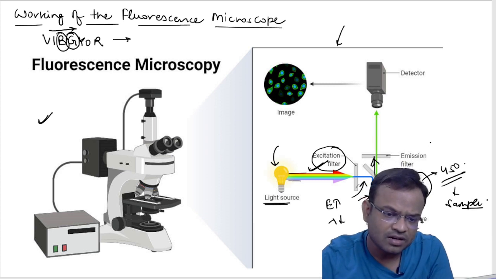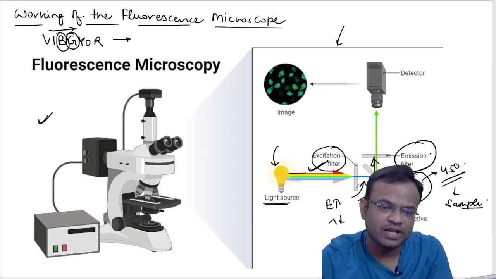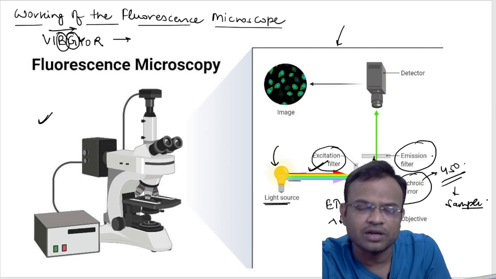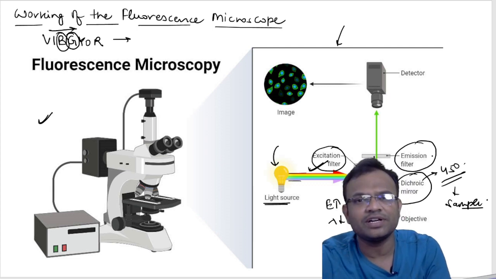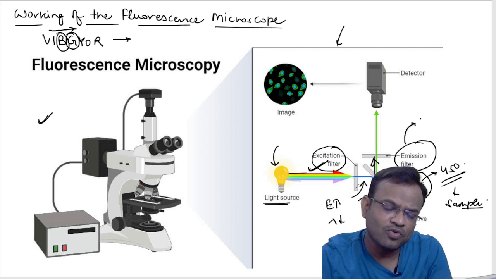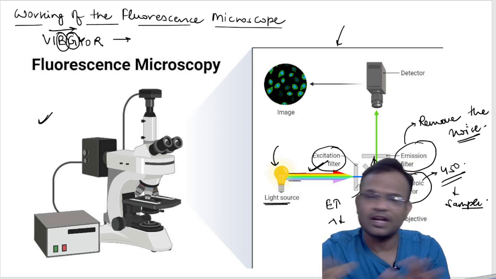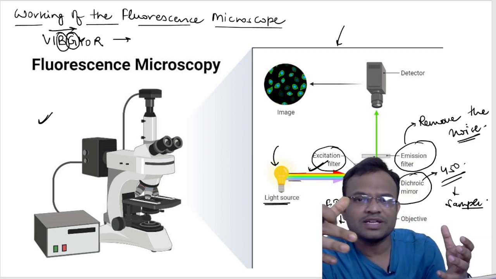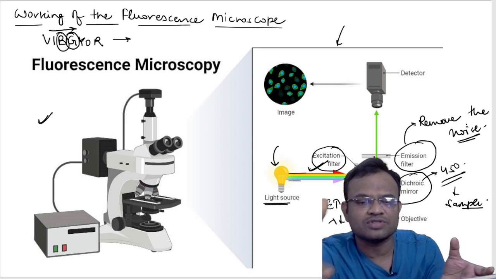Now there is one more accessory over here, and this is called the emission filter. What do you understand by emission filter? Emission filter's function is just simple. It will remove the noise. What do I mean by noise? I'm not trying to say that there would be some kind of noise or sound over here.